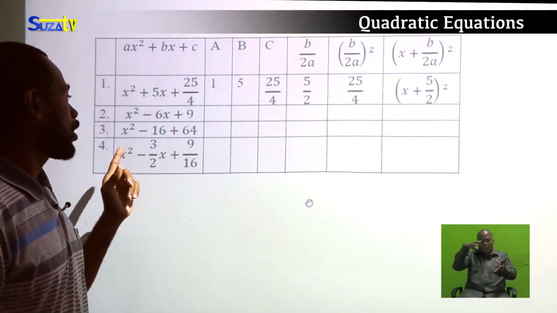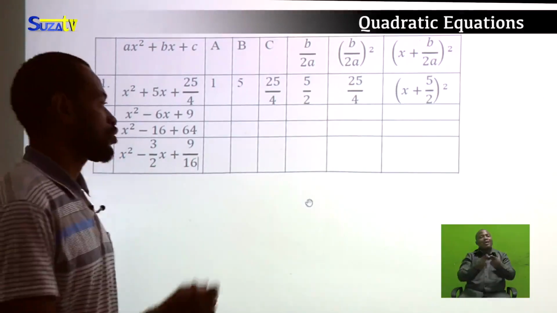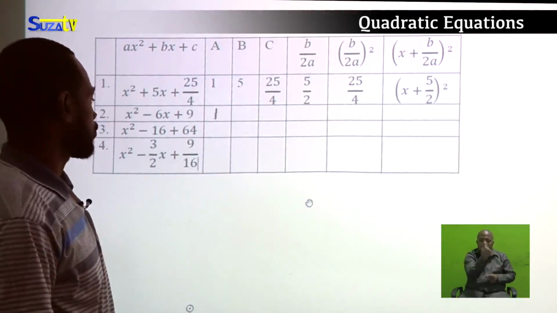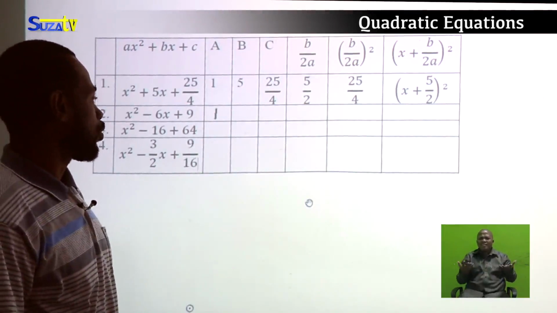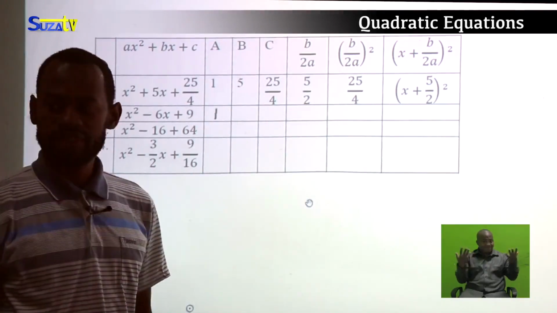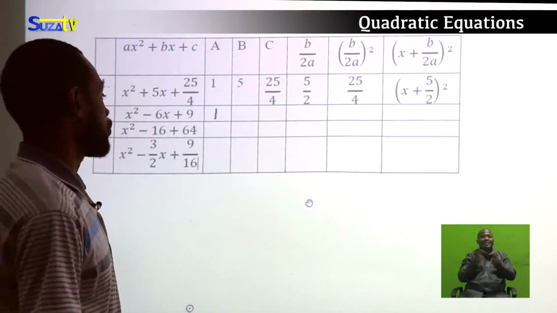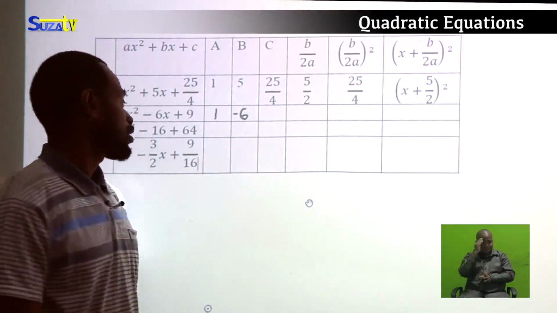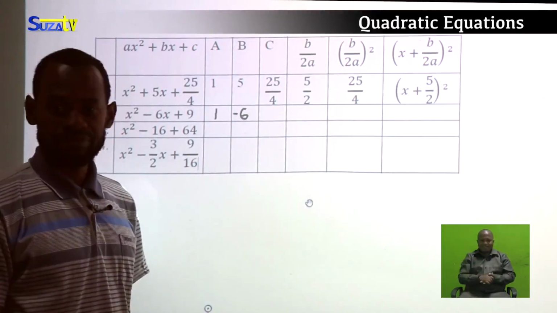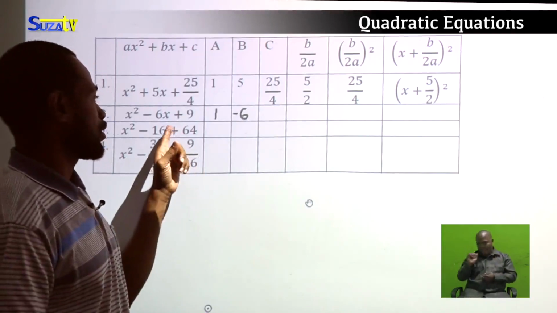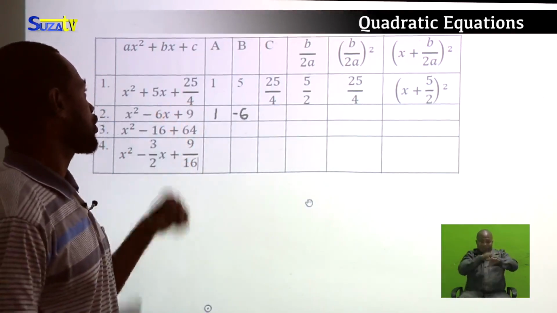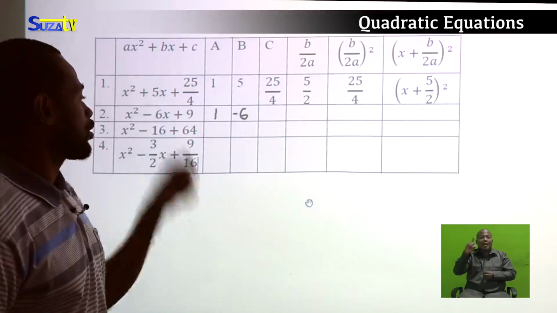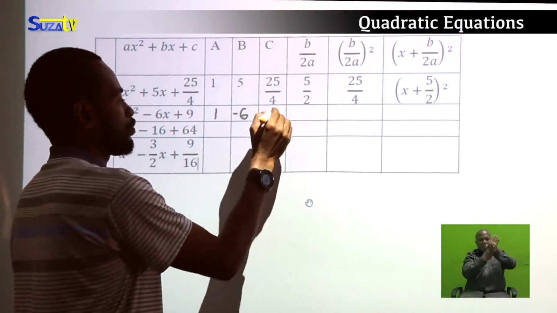The value of a here is 1. And what about the value of b? Yes, good. The value of b here is minus 6. What about the value of c? Yes, if you compare this expression with the general expression of quadratic equation, it is 9. So the value of c here is 9.